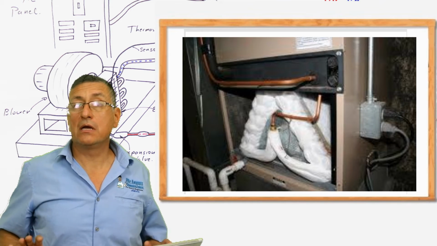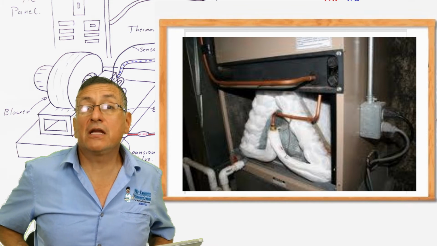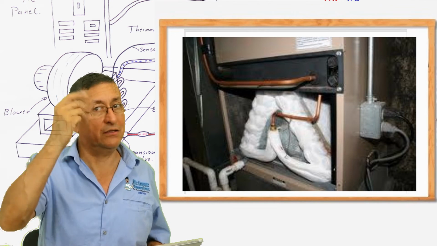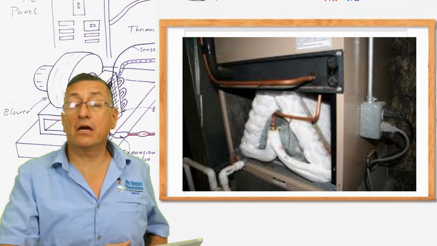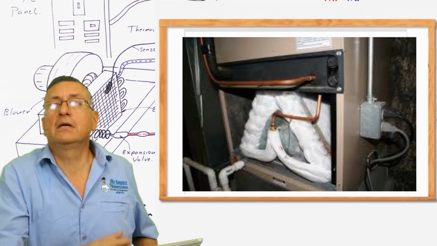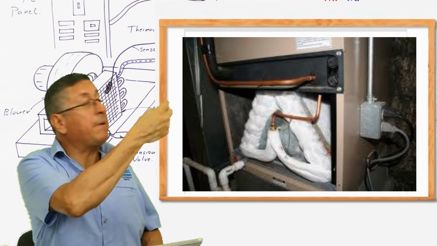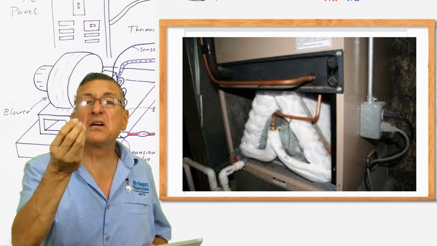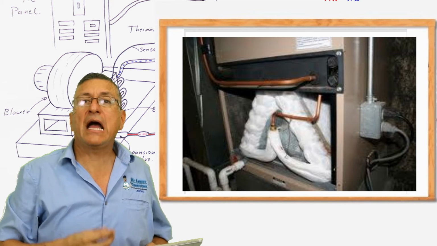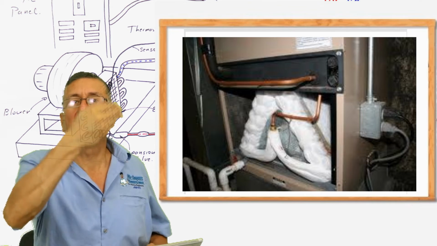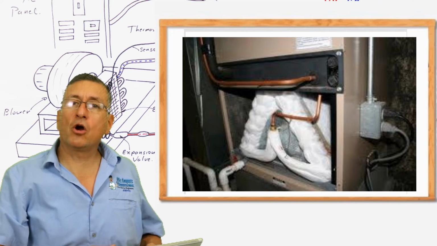Why? For two reasons. Three reasons really. One is because the air filter was clogged. The second one is because with no filter, the air passing through the coils is with dirt, with debris, and clogs the fins on the coil.